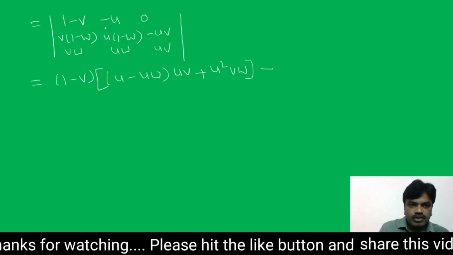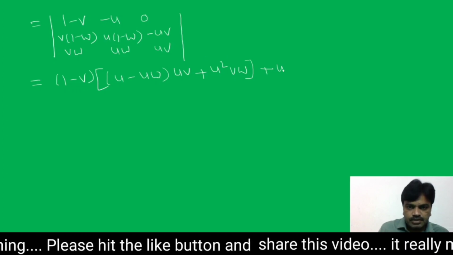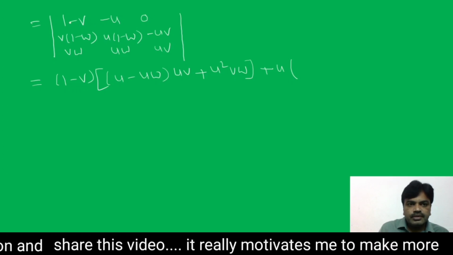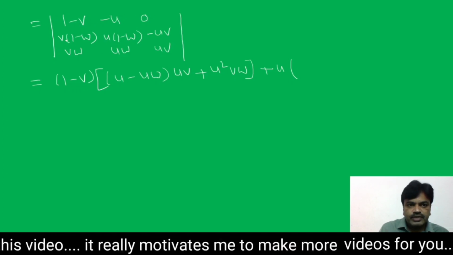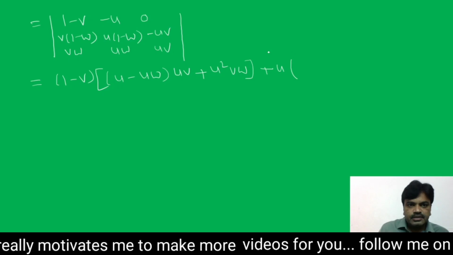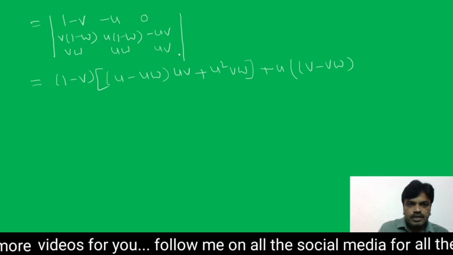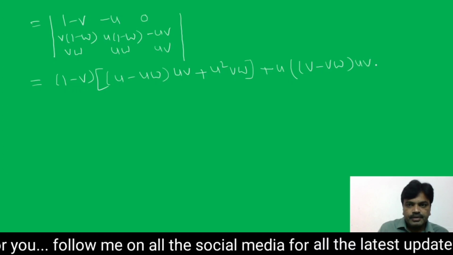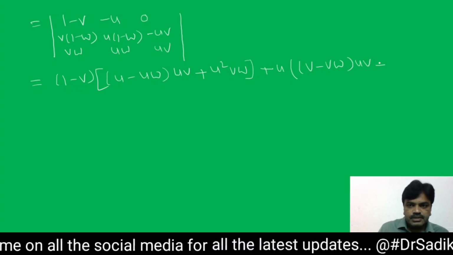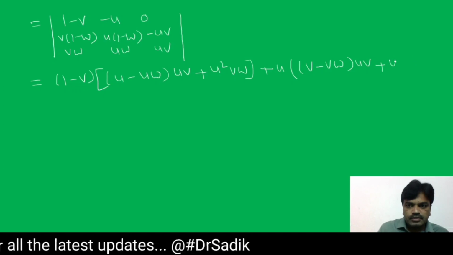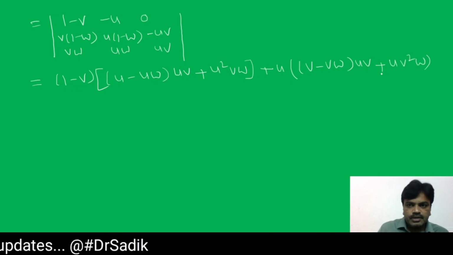Minus, already we have minus here, minus into minus plus u into the first row second column, multiplied with v: v minus vw into uv, minus into minus plus uv into vw, that means we get u v square w, plus 0 into something is 0.